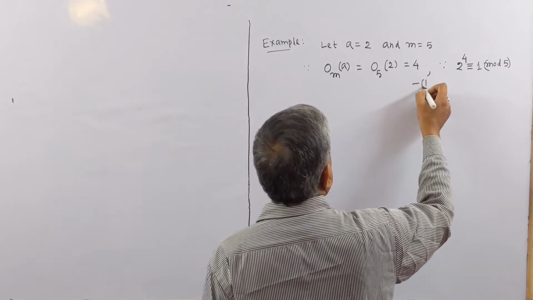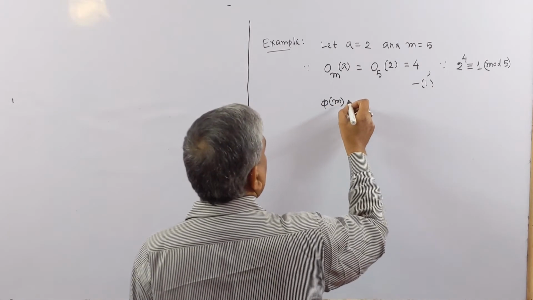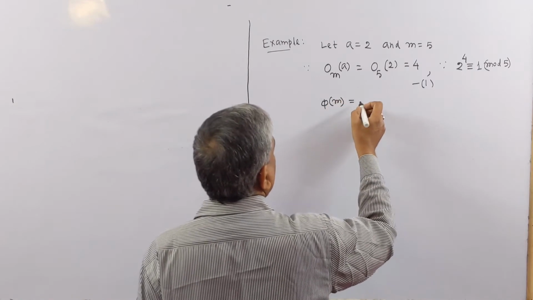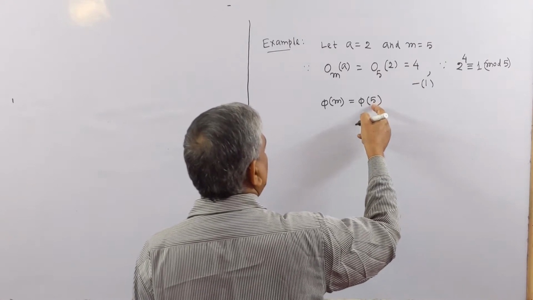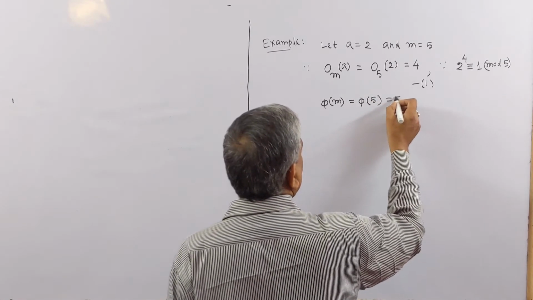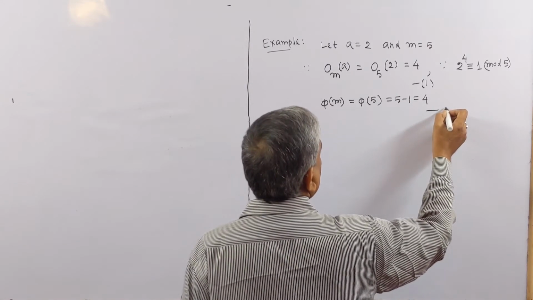This is number 1. Phi m is the Euler's phi function of m equal to phi 5. As 5 is a prime number, therefore phi 5 equal to 5 minus 1 equal to 4. This is number 2.